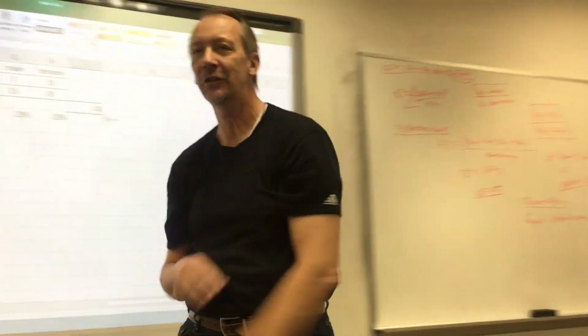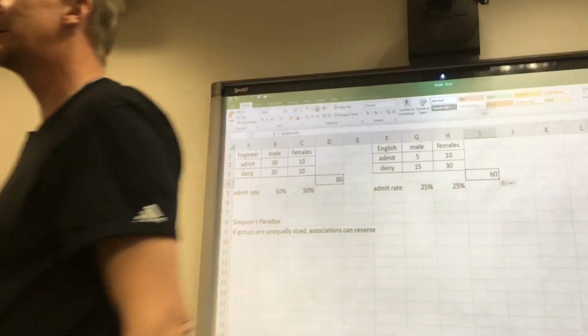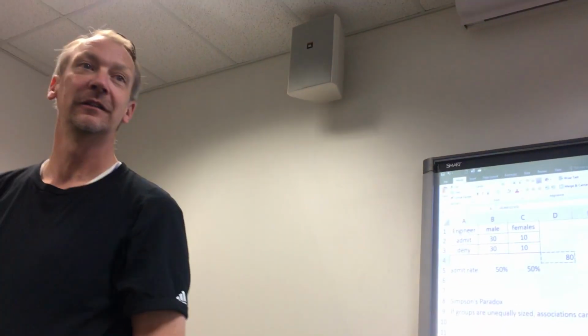The women were getting better treatment in all the departments, but it was the male dominated ones that were bigger, okay? So, you can trust this hypothesis test, even when you don't want to, okay?